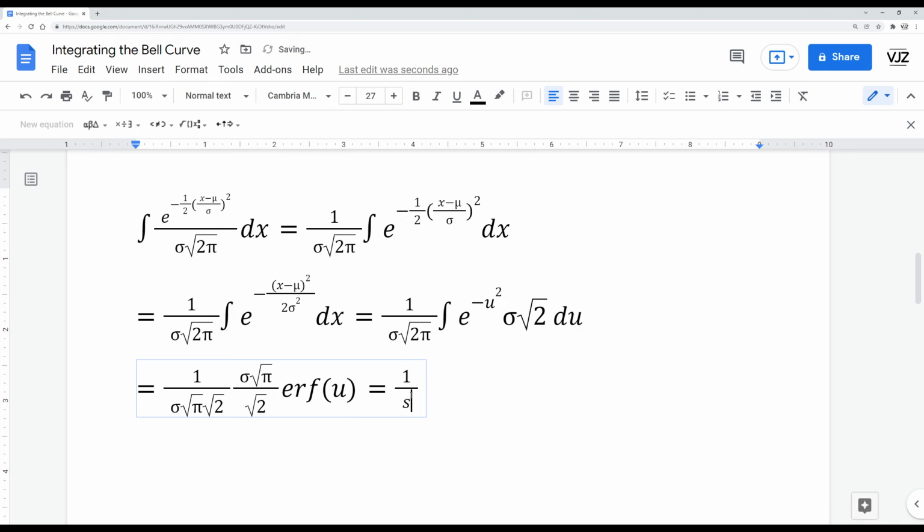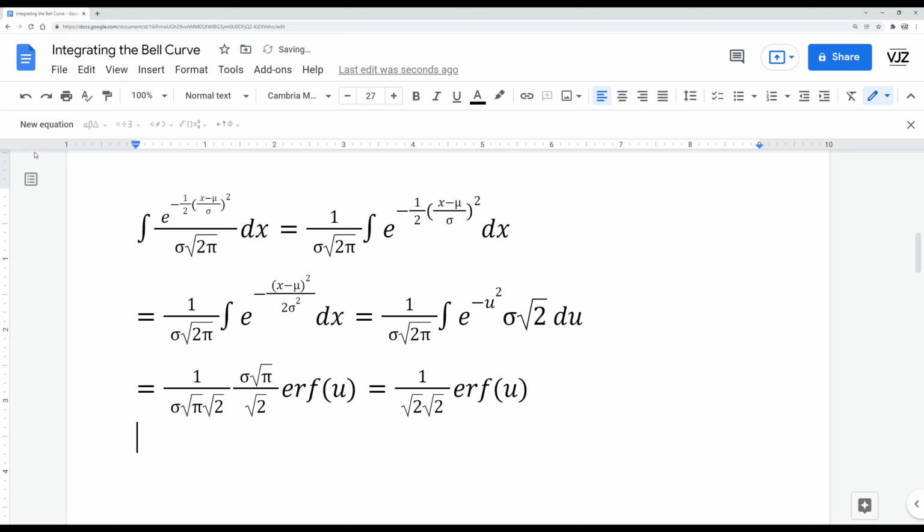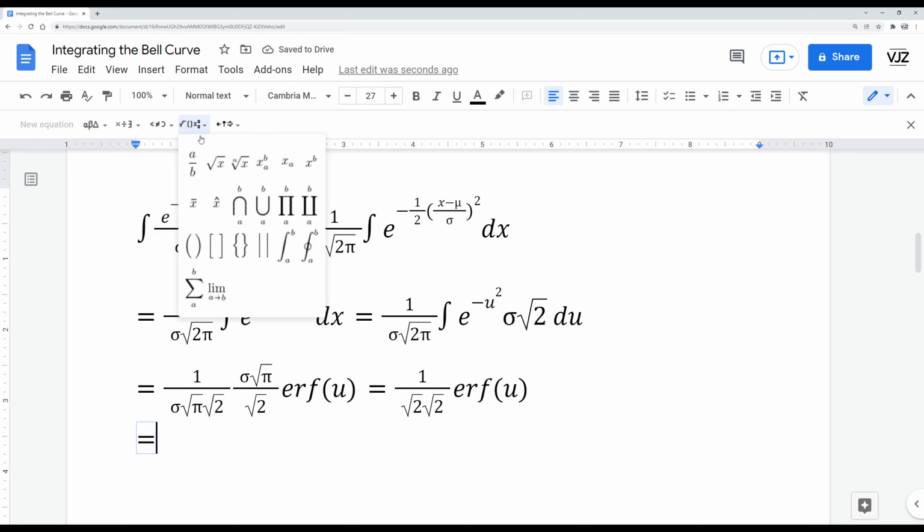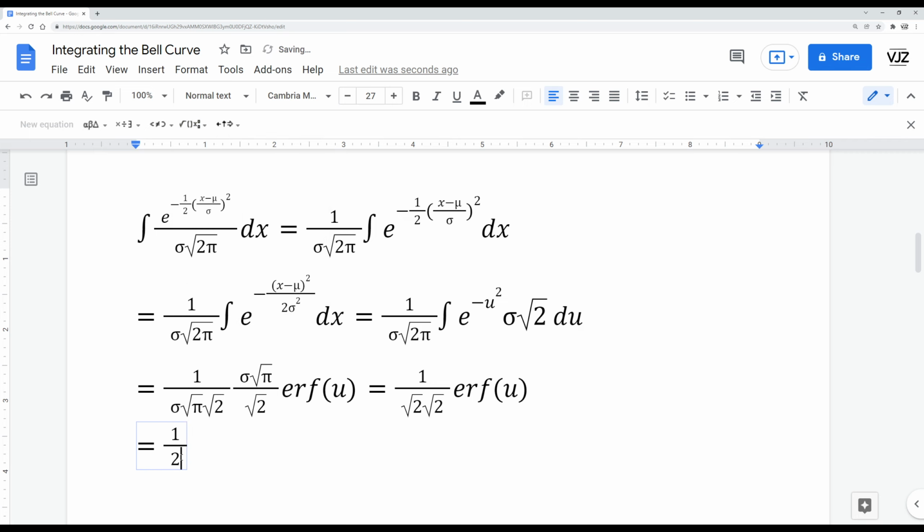times the square root of 2 times the square root of 2 times erf of u. And what is this? That's just 2, right? So, therefore, we have our final answer right here, equals 1/2 times erf.